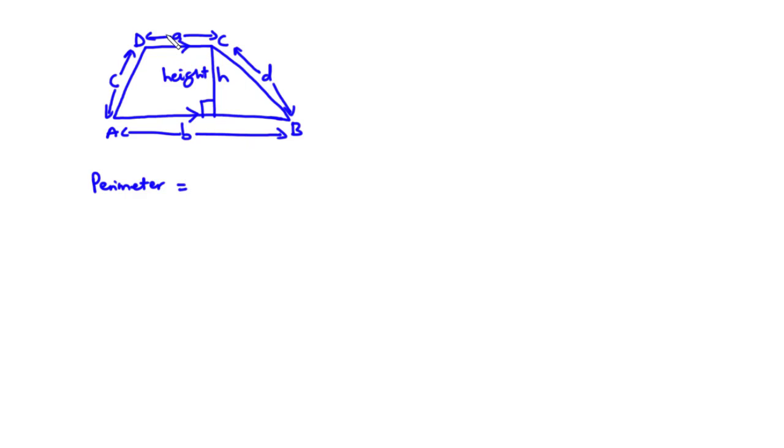So that's going to be A plus B plus C plus D. So this is how to find the perimeter of a trapezium. Now don't forget that we said that AB is parallel to DC. Now to the area.